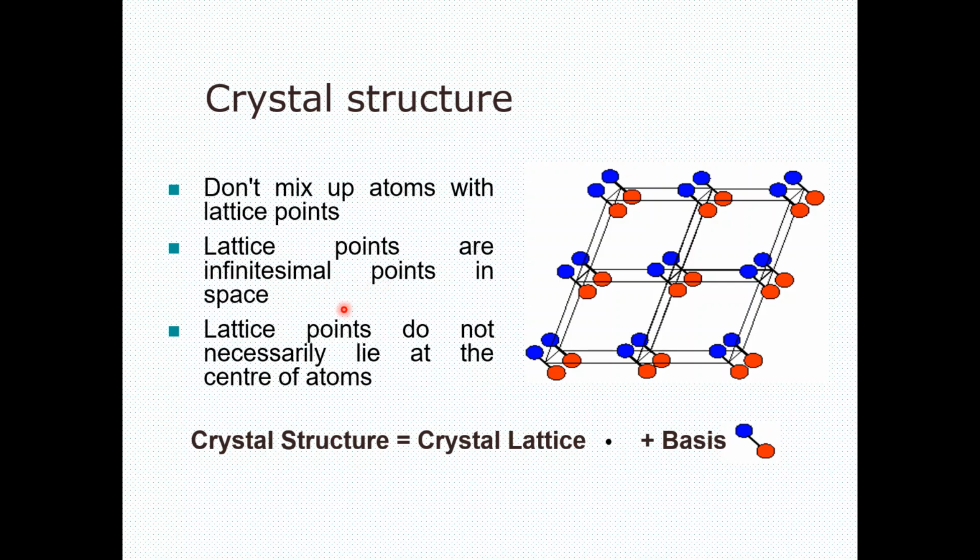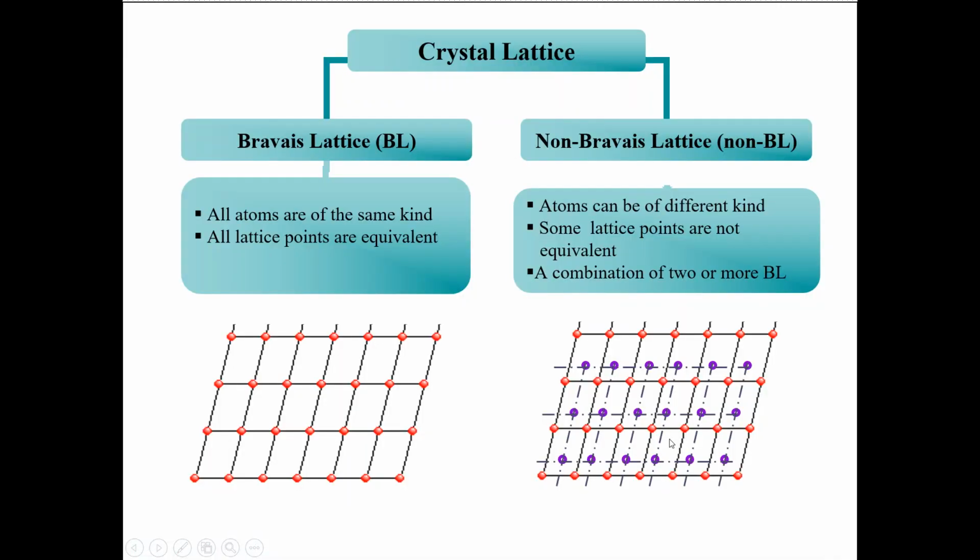Lattice points are infinitesimal points in space. Lattice points do not necessarily lie at the corners of the atoms. So whenever we say we have a crystal structure, you have to keep these points in mind. In this context, the crystal structure is equal to the crystal lattice plus the basis.